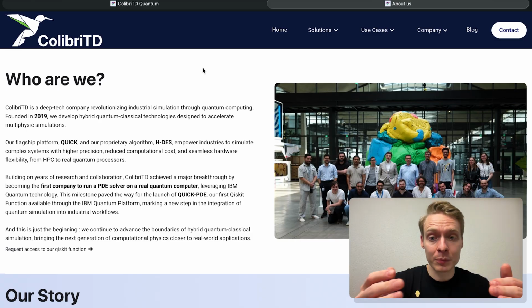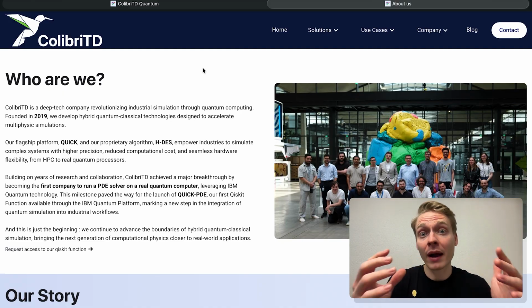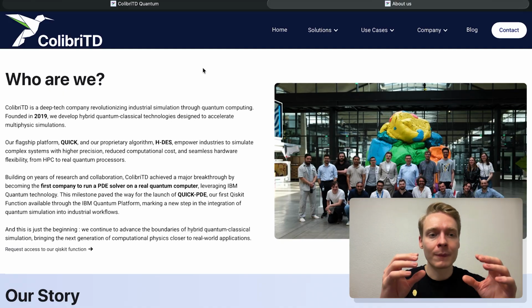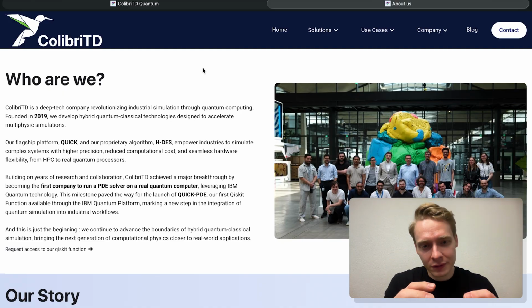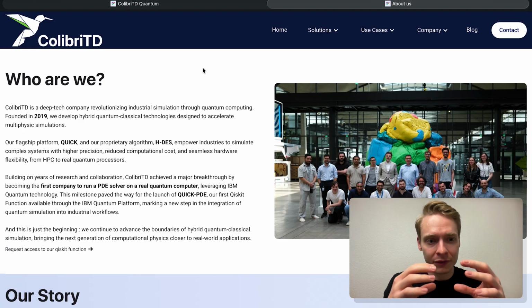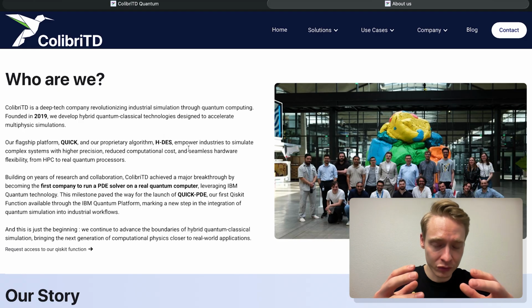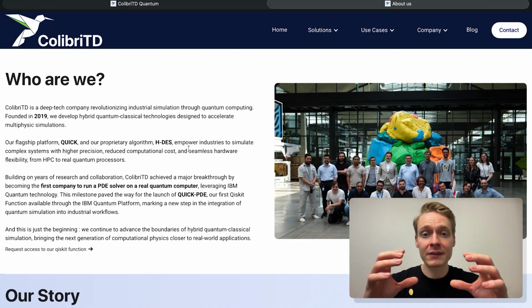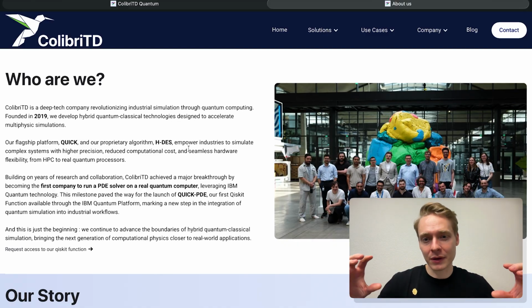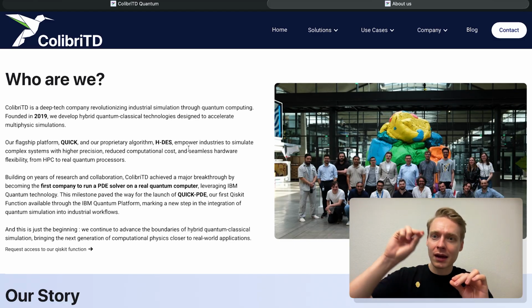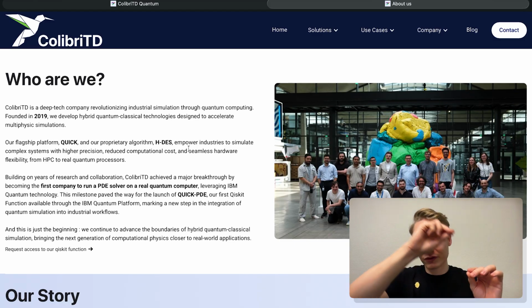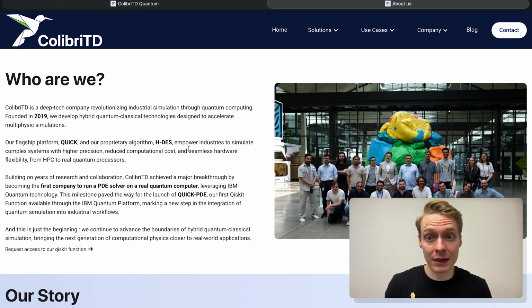I mean, that is of course part of the proposition, but as far as I understand it, there's this core invention, which is this way of solving partial differential equations, this HDES type of algorithmic approach, that is sitting, let's say, at the fundament of how the company works. And then they are looking at how you can actually apply this to different types of applications from industry. And that's what we've been seeing here in those use cases.